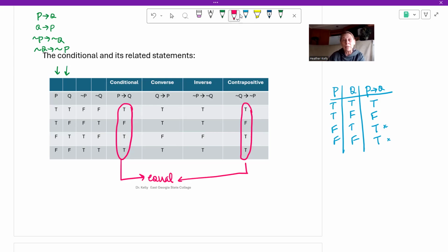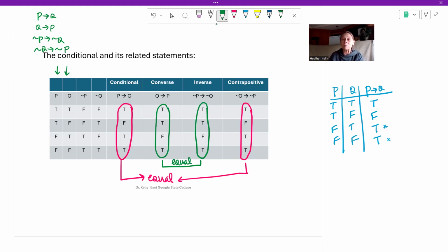Now, we can investigate this just a little bit further and look at the converse being true, true, false, true, and the inverse being true, true, false, true. So that's really interesting. There's that interesting relationship, but these two are also equal to each other.